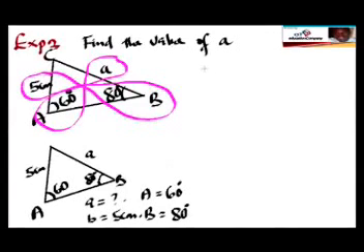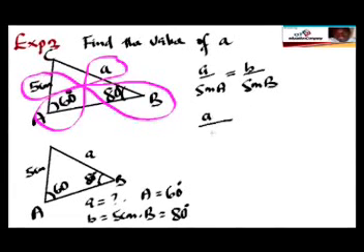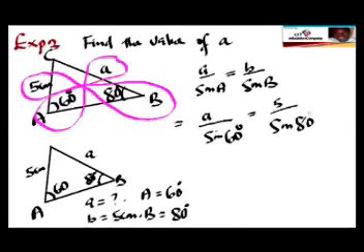Here I'm just going to apply the formula, and it says a over sine big A is equal to small b over sine big B, and that's what gives me a over sine 60 degrees, which is equal to 5 over sine 80 degrees. And if I have to find my a, I'll cross multiply.